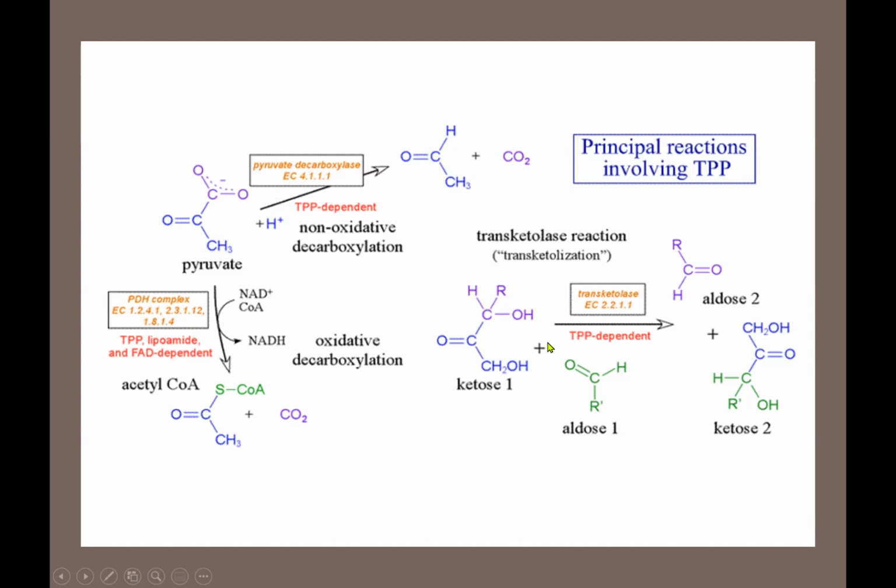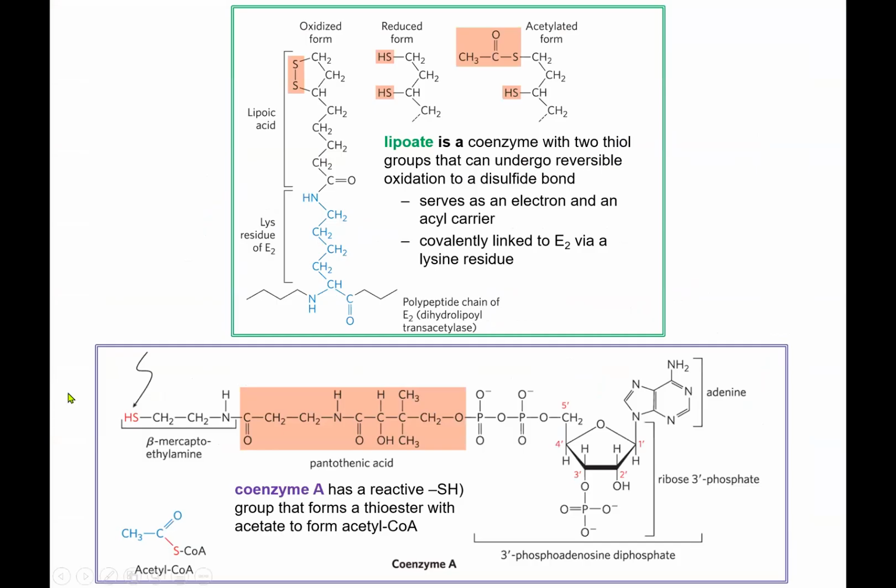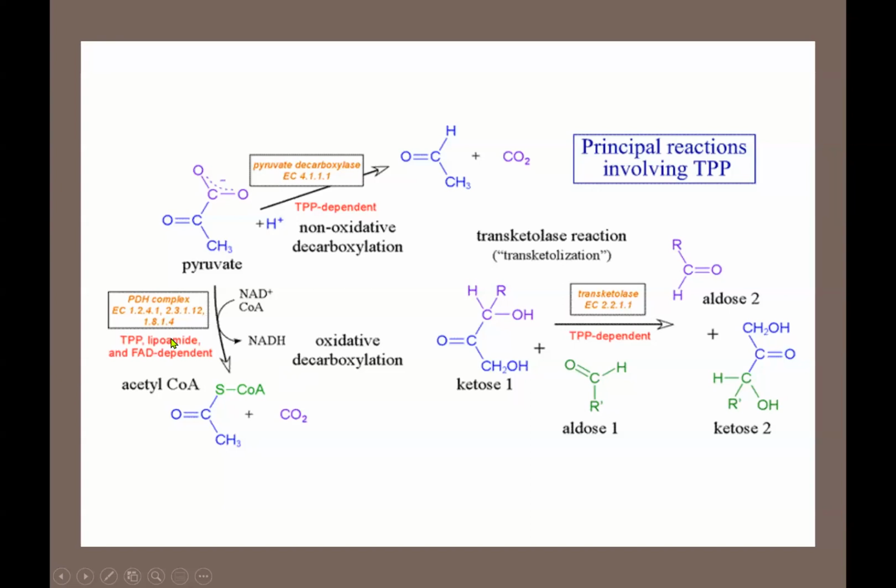We saw it in the transketolase reaction just recently, also dependent on TPP because we're decarboxylating one thing and adding it to another. And then finally today, we're looking at it in the context of the PDH complex. So these are the 3 principal reactions involving TPP.